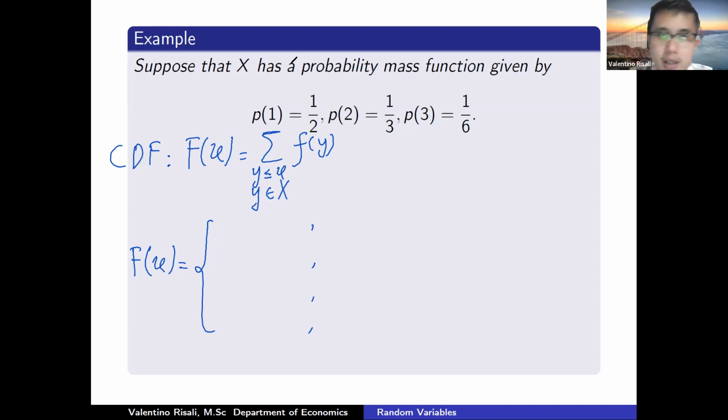Okay, maybe I will give you some hints. We divide our real line into some areas. For the first area is x less than 1. After that, this area, and this.